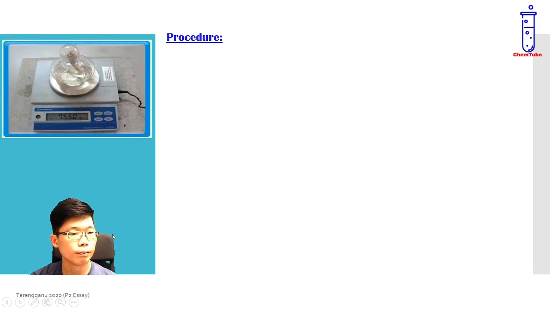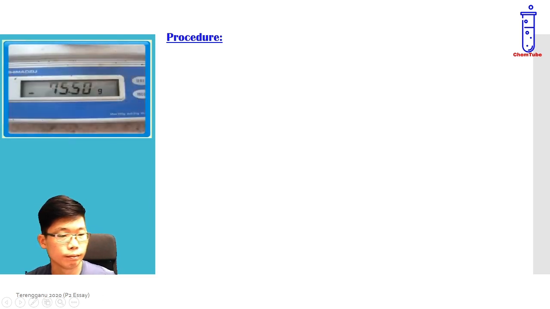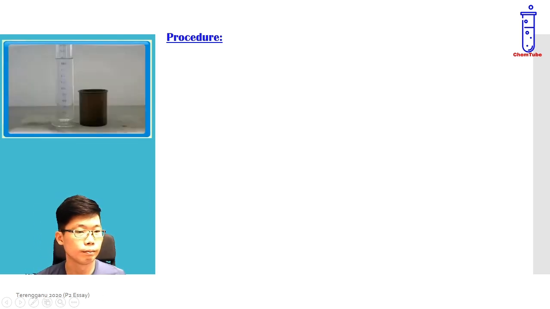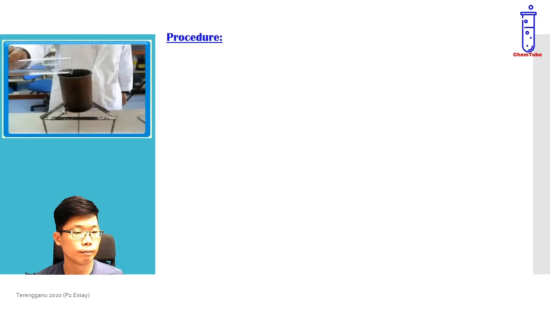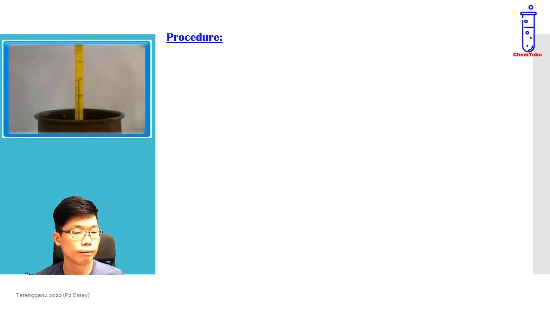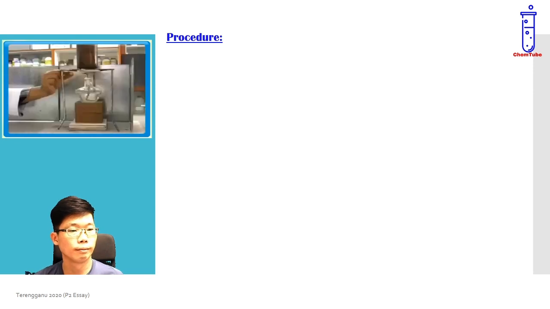The burner containing ethanol is weighed on the digital electronic balance. Record its mass in the table provided. A copper can filled with 200 cubic centimeters of water is placed on the clay pipe triangle. A thermometer is then placed in the water. Record the initial temperature of the water and the mass of water in the table.